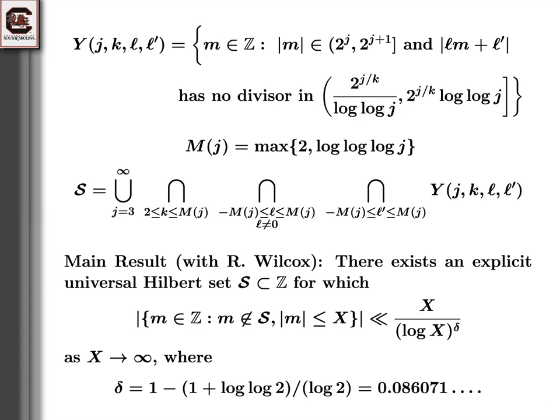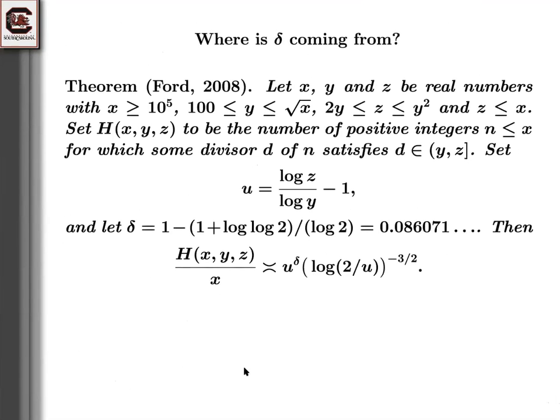So if I'm trying to estimate things that are not in S, I use the following theorem, due to Kevin Ford. You can see it's counting the number of positive integers which have a divisor in an interval. I want to think about taking n near x in this description, and y and z will be around the kth root of x, but very close.